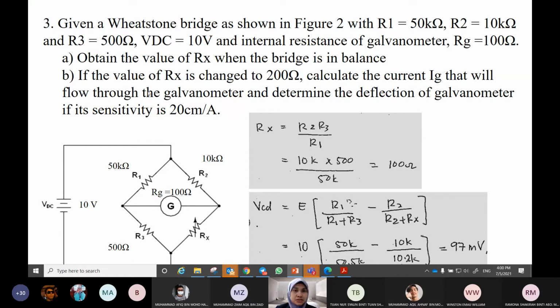If the value of RS is changed to 200 instead of 100 ohm, RX is equal to 200. Okay, so balanced or not? Atira, balanced or not?